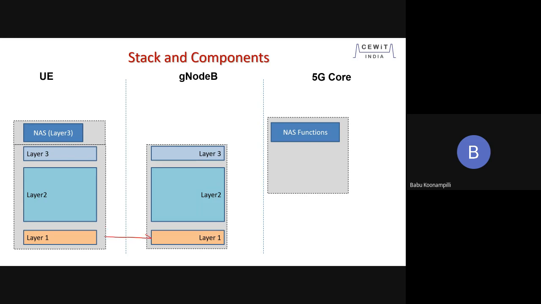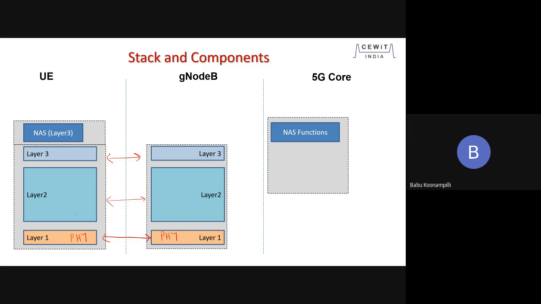So layer 1 talks to layer 1, layer 2 talks to layer 2, and layer 3 talks to layer 3. This is the typical ISO seven-layer architecture. Layer 1 is almost synonymous with the physical layer. Layer 2, in the case of cellular systems and especially 5G, has multiple sub-layers.